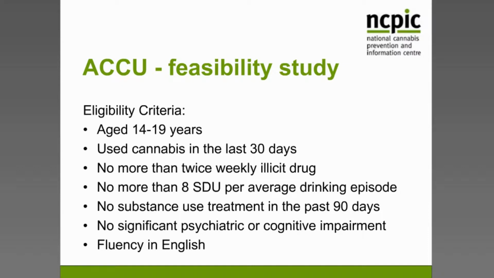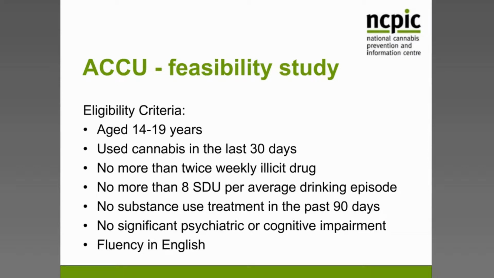They had to have used cannabis within the last 30 days, and I think we were very generous in terms of illicit drugs, and we were also very generous in relation to what they could drink, and we requested that they weren't in treatment within the last 3 months, and that they didn't have any psychiatric or cognitive impairment, and that they were fluent in English, because there is a requirement that you fill in some material, and so there is a requirement that you can read and understand questions.